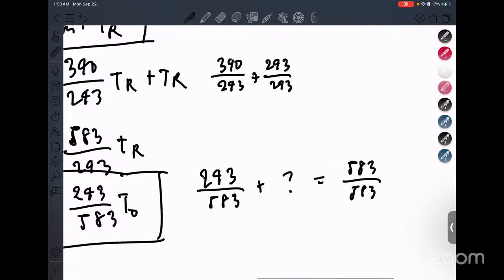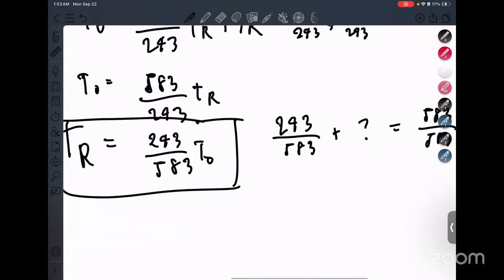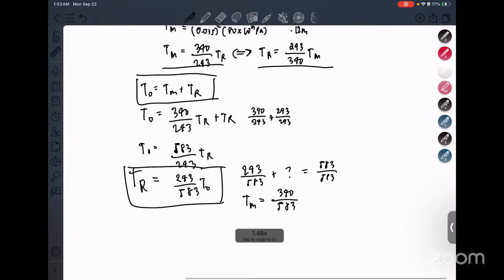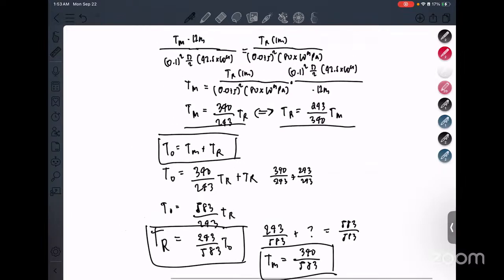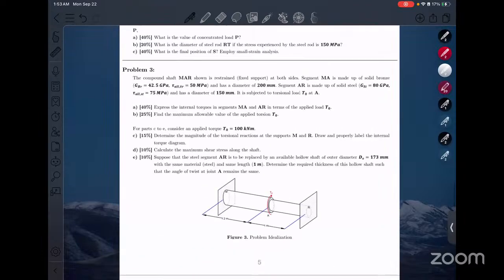This is the slightly faster method. So, makukuha mo na, therefore, Tm has to be 340 over 583. But you can also use the other method, plug in from the start. It's just marginally faster. So that's the answer to problem one.